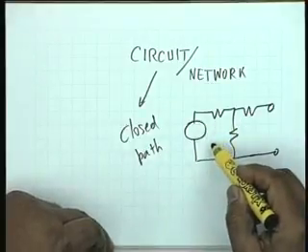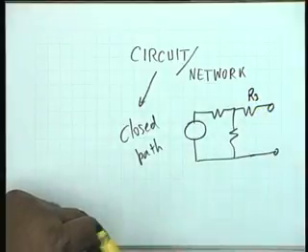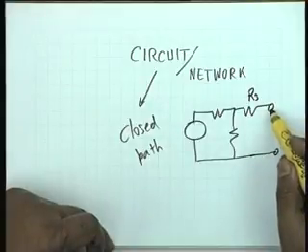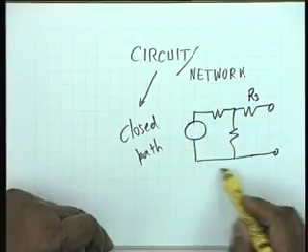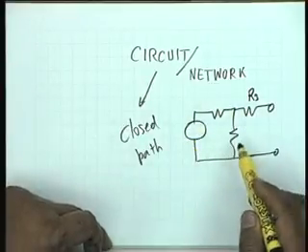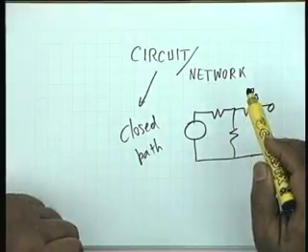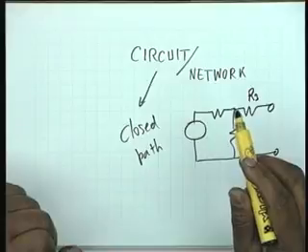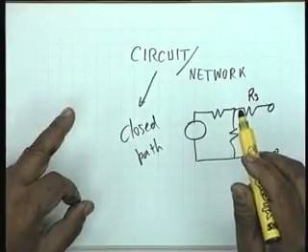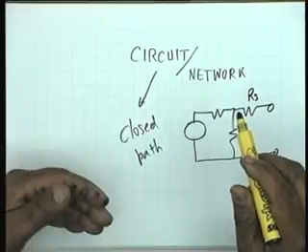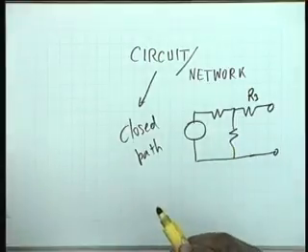It is a closed path. On the other hand, this element, let us say R3, is not part of a circuit, because this part here is open, and therefore the complete structure is not a circuit. The complete structure is a network. A circuit is a part of it, and therefore networks are a much broader class of electrical systems than a circuit. All circuits are networks. All networks are not necessarily circuits. Is the distinction clear?